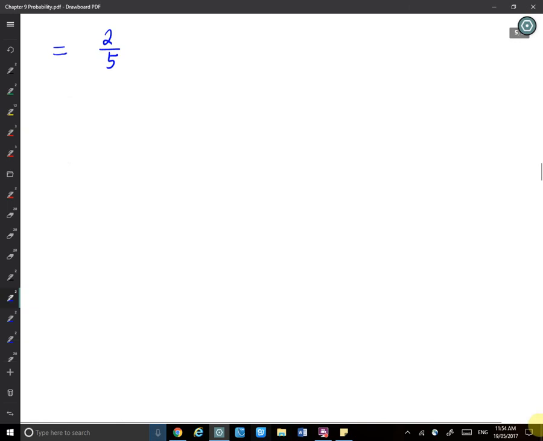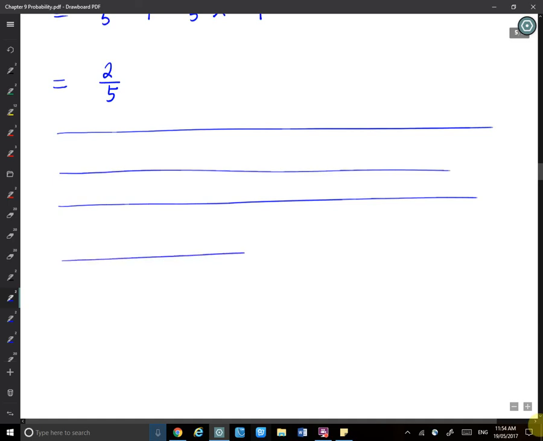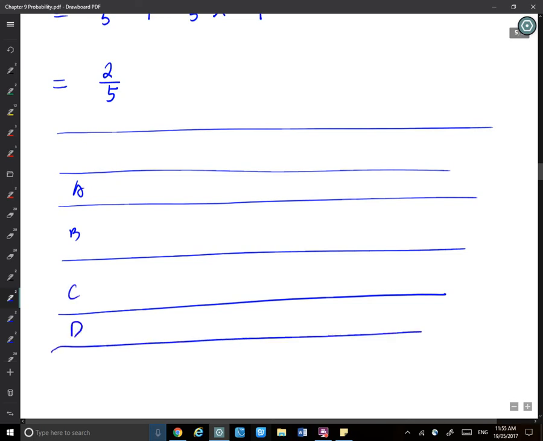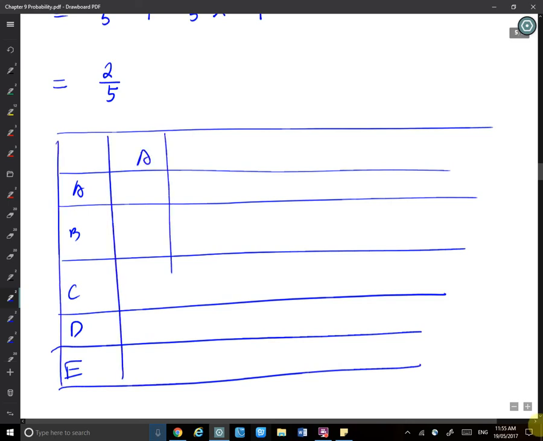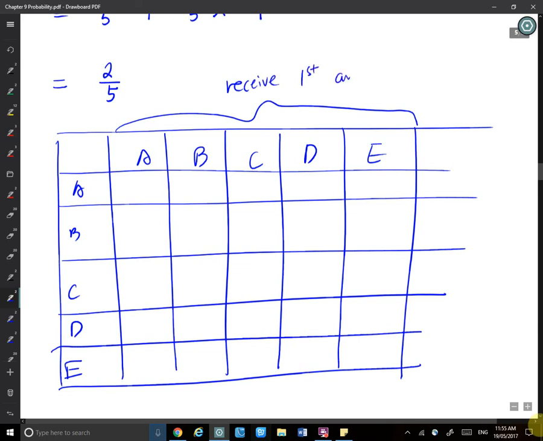Or you can draw a table. Okay, so this table means the row will be the person who receives the first award, and the columns are the person who receives the second award.